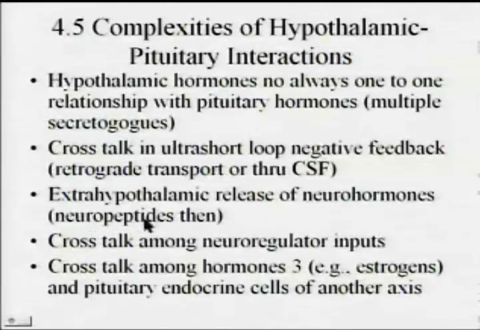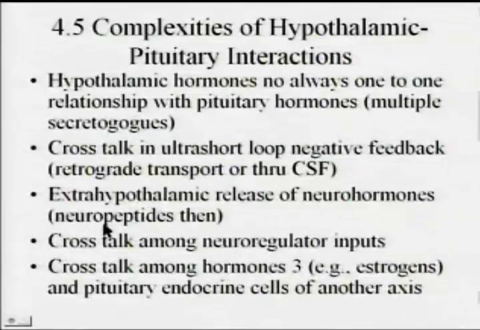If it is acting in a neurocrine fashion, you call it a neuropeptide. If it is acting as a neurohormone, then you call it a neurohormone. So it just depends upon where it's being released, what term you would use for it.